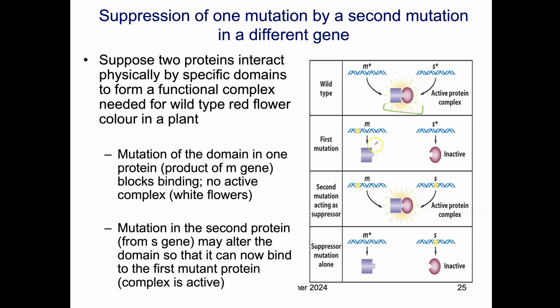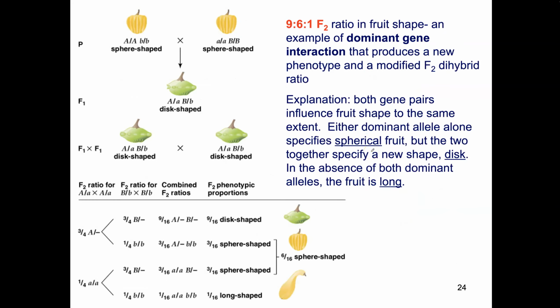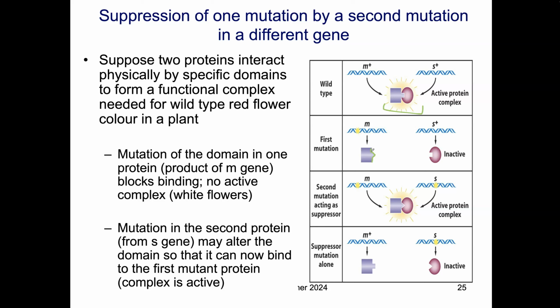So if you make a mutation in the gene so that the protein is the wrong shape, and now you'll see why it's important to think about protein a lot when we're talking about the genes, because that's really where the phenotype is set up. If the shape of the protein changes, now it can't bind with the other component.